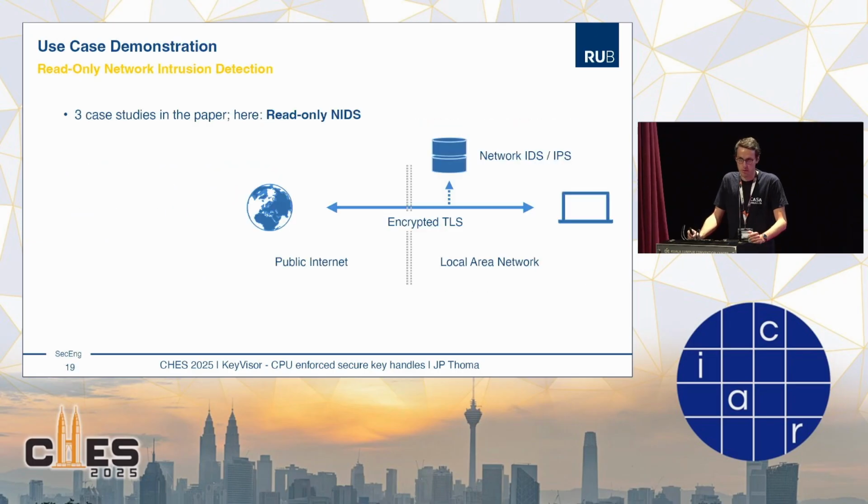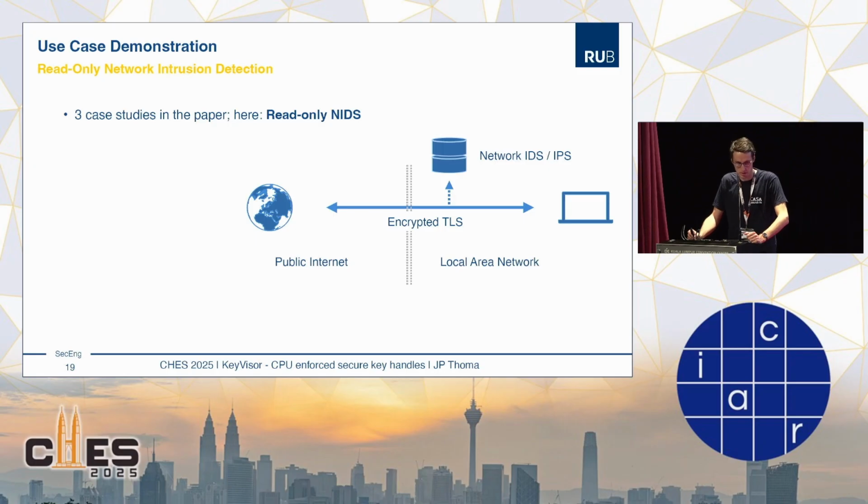For the final part of my presentation, I would like to focus on one of the use cases. In the paper, we discussed 3 different use cases and applications where KeyVisor can be useful to implement things that wouldn't be possible without it. Here I would like to look at the read-only network intrusion detection system.